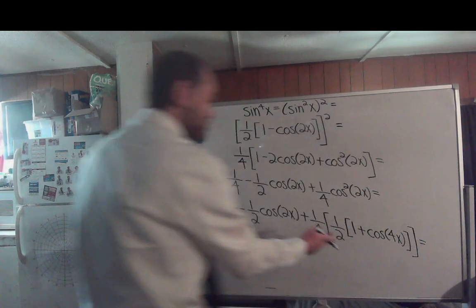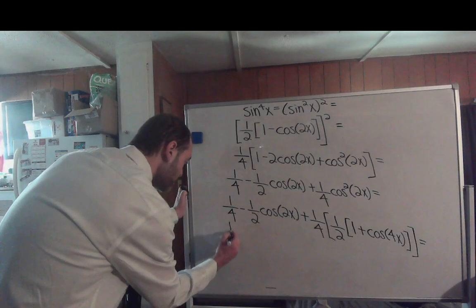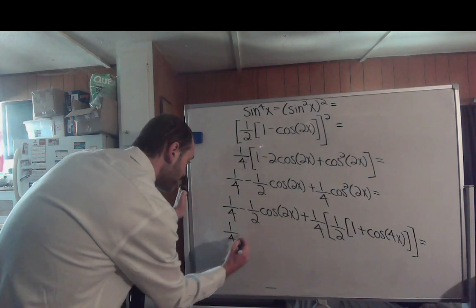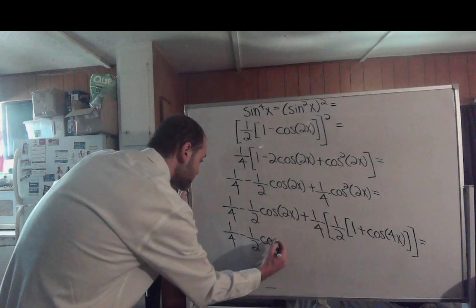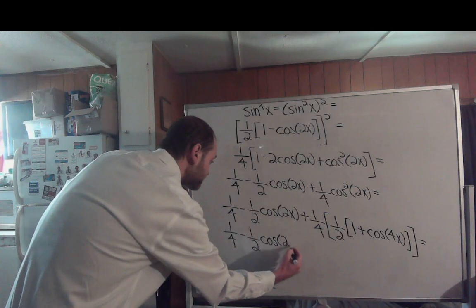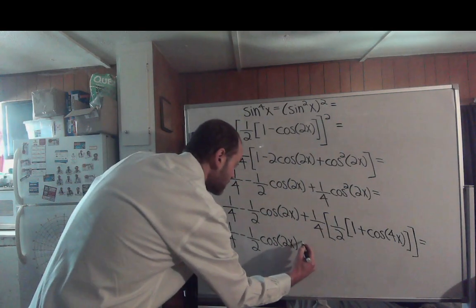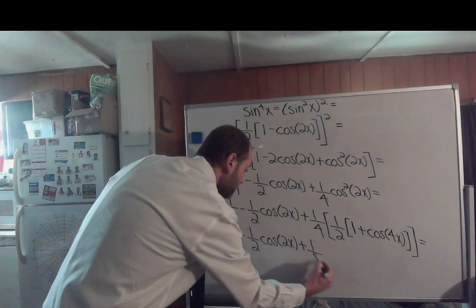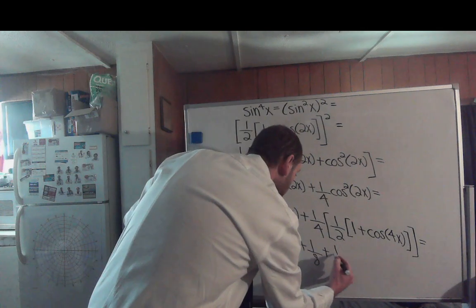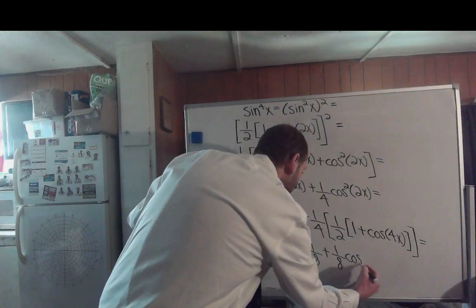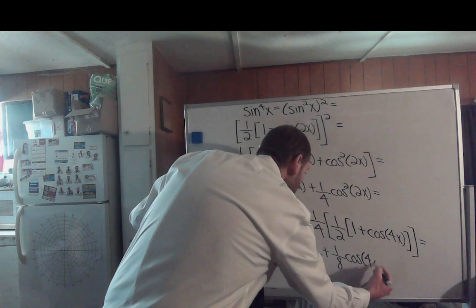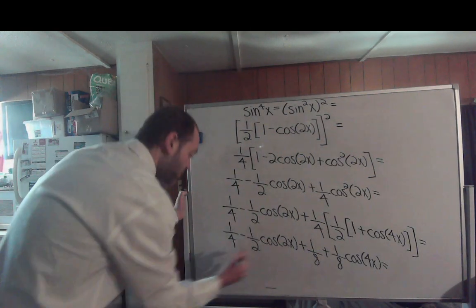And now let's distribute that 1/4, so you'll have 1/4 minus 1/2 of the cosine of 2x plus 1/8 plus 1/8 of the cosine of 4x. And all we can do now to simplify is add the 1/4 and 1/8.